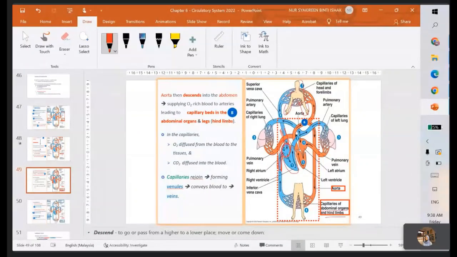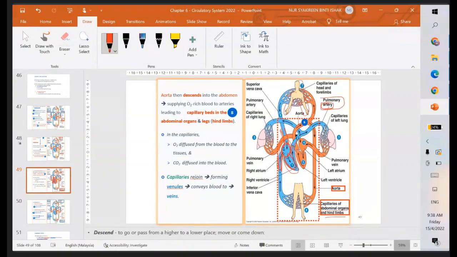So all this blood will enter into the right atrium, and then into the right ventricle, and then the right ventricle will pump out the blood through the pulmonary arteries. Although it is called an artery, it carries oxygen poor blood from the ventricle to the pulmonary circuit, to the lungs. Artery carries blood away from the heart.